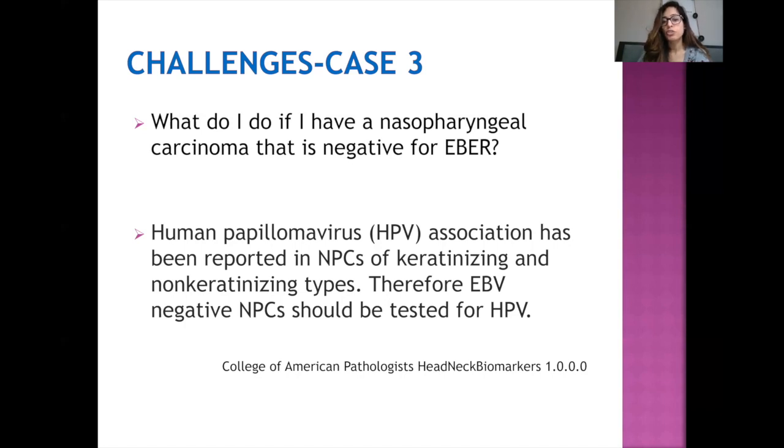There's also literature showing that HPV might be associated with the other two subtypes of nasopharyngeal carcinoma as well, so keratinizing and basaloid squamous cell carcinoma. So typically, if you get an EBV-negative nasopharyngeal carcinoma, the recommendation is to then test for HPV, because you might identify this small subset.